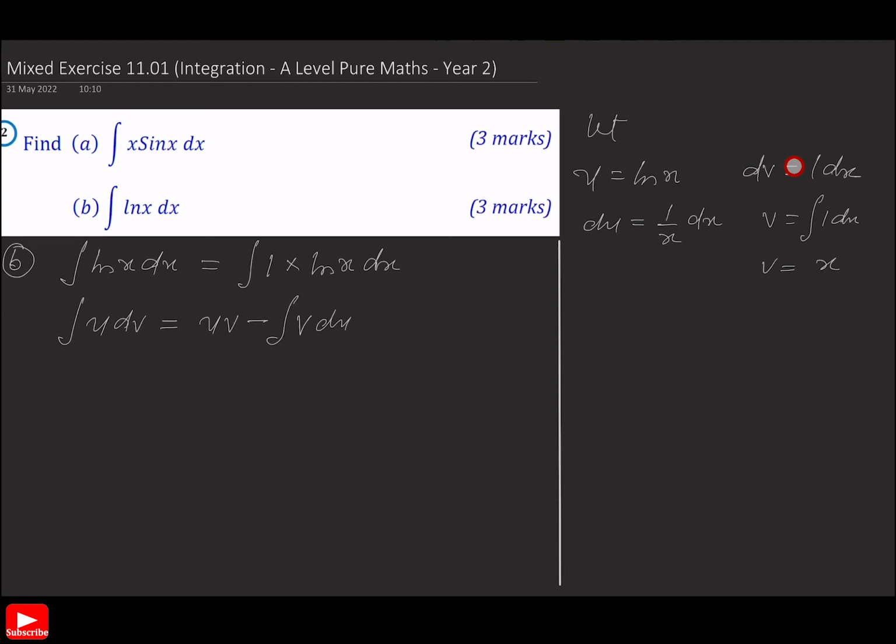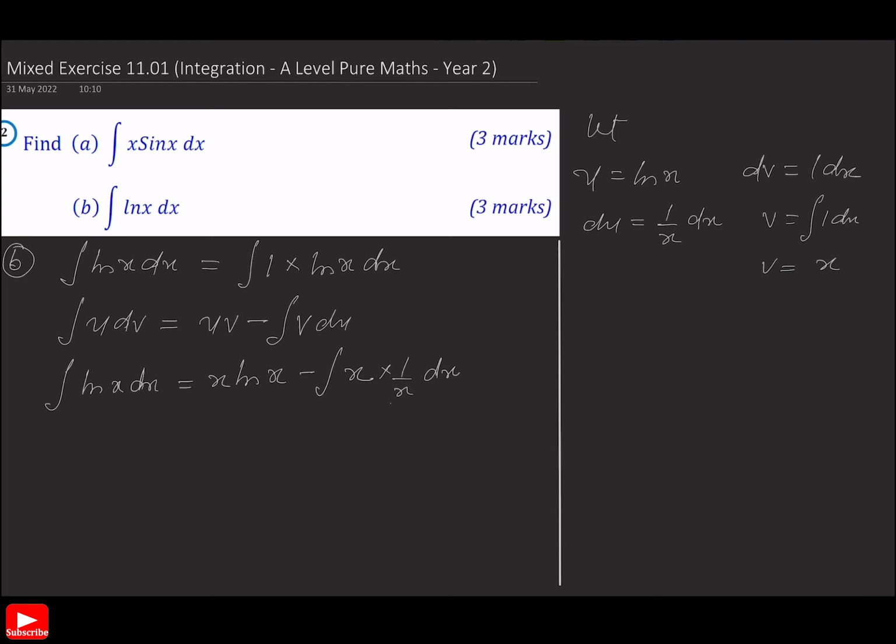And so we have integral of ln x dx equals uv, that would be x times ln x, x ln x minus the integral of v, which is x, times du, which is 1 over x dx.